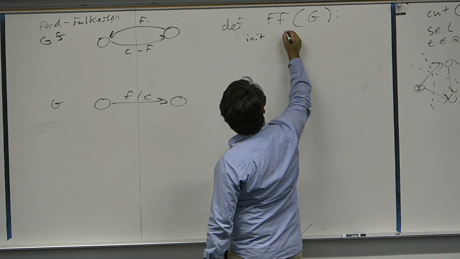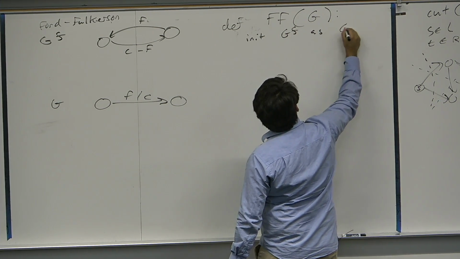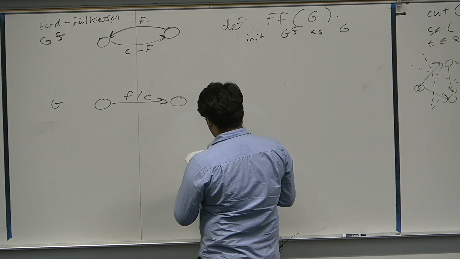We want to initialize the residual graph as G, so it begins as a direct copy.